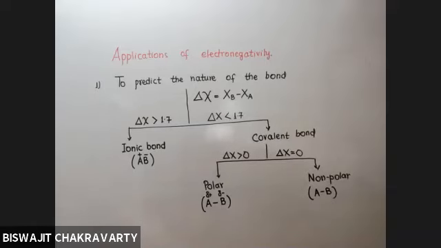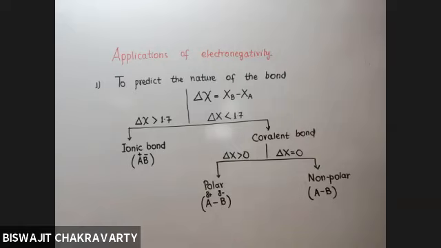Can anybody tell me what will be the nature of the bond if the difference of electronegativity is 1.7? Sir, it will be polar covalent bond. But I did not write equal to.